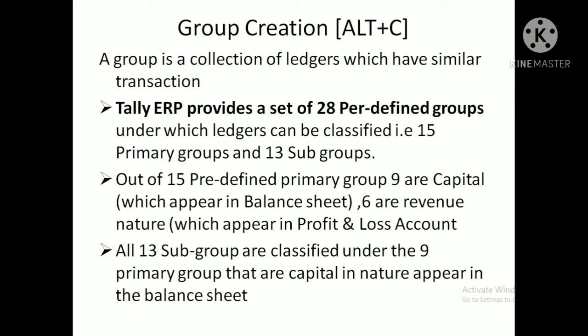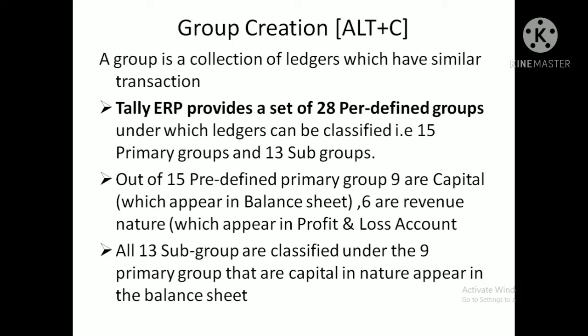To avoid overloaded data, Tally summarizes that data in the particular group. That is an advantage of the group concept in Tally. So we should be aware of which ledger, at the time of creation of the ledger, comes under which group.